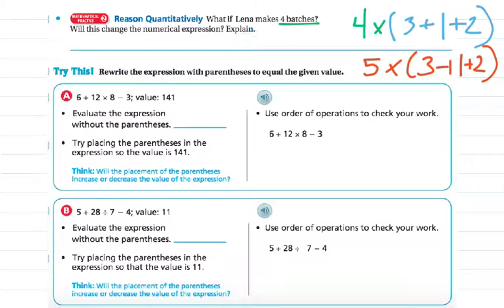Explain. So boys and girls, we can see that although the basic recipe in parentheses does not change, the quantity changes on the outside. So what we would say is the 4 would replace the 5.